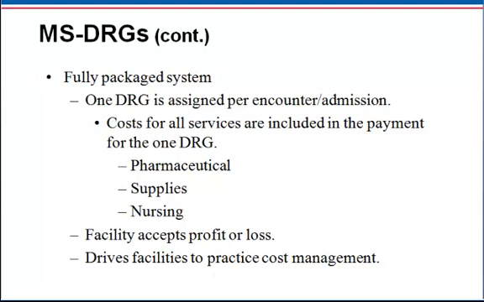So the hospital really has an incentive to try and control costs. You've probably noticed that hospital stays have decreased dramatically over the last few years. Women used to stay in the hospital for a week to have a cesarean section when having a baby. Now they're out in a day or two. So that is one of the shifts in healthcare that has happened as a result of DRGs.